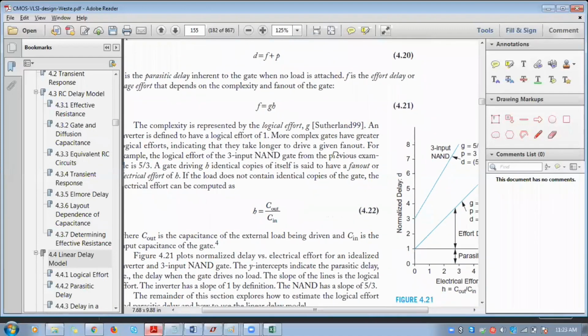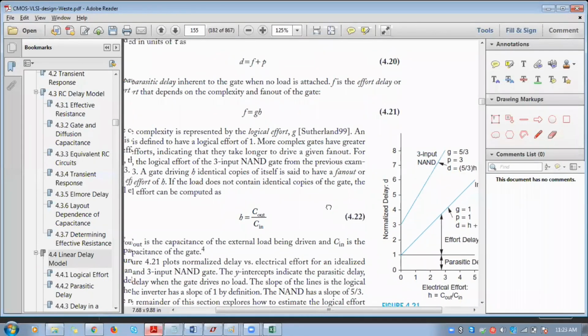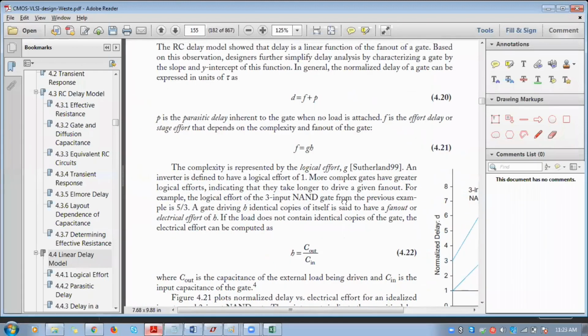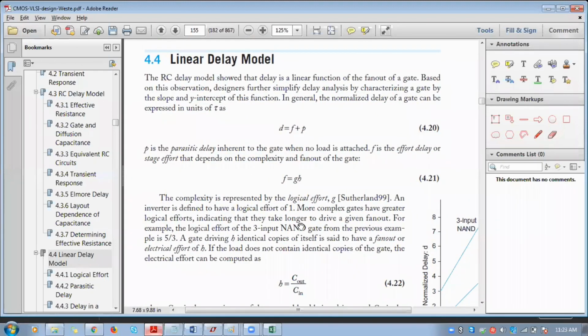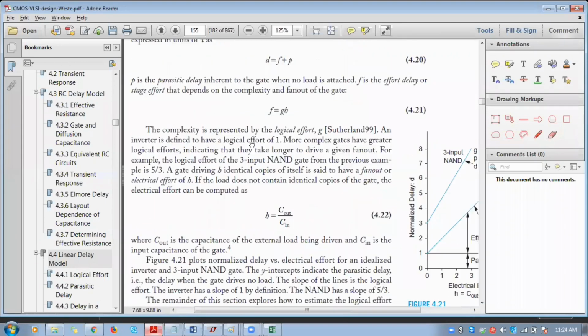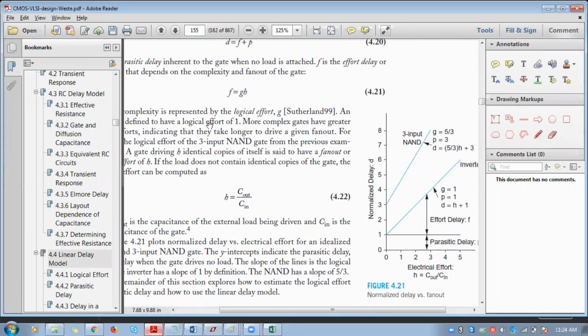In the linear delay model, what we are doing is plotting the graph between normalized delay and electrical effort. I will specify how to calculate delay, electrical effort and logical effort. You can see this graph. Here we plot the normalized delay versus electrical effort, which means how many output circuits can be driven by a particular gate.